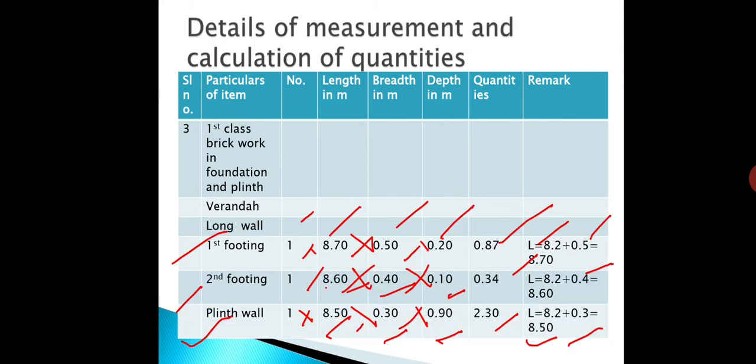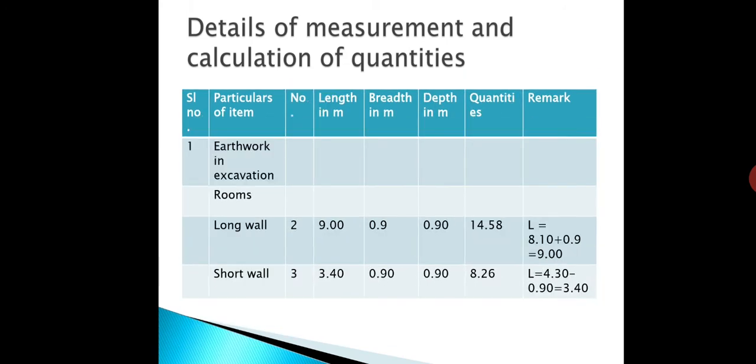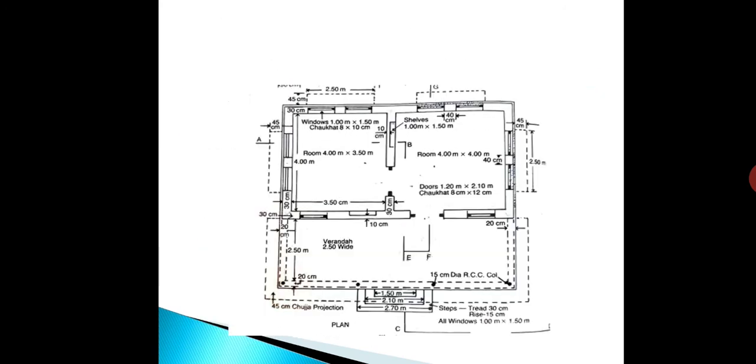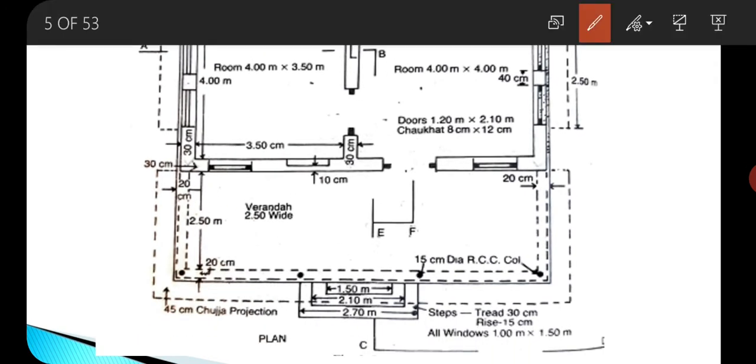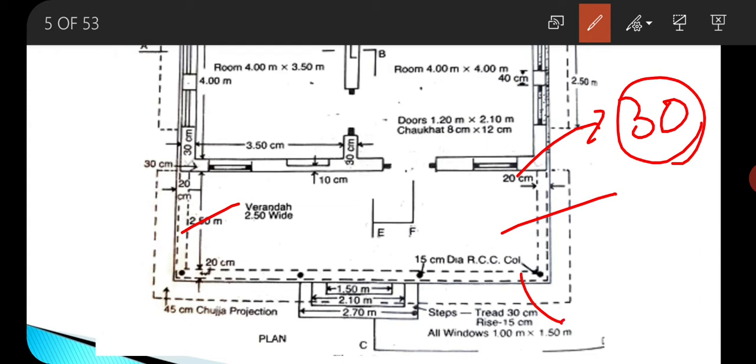So for the short wall, these two are the short walls. Here these two are connected on one side to a 30 centimeter wall, and on the other side to a 20 centimeter wall. Clear?